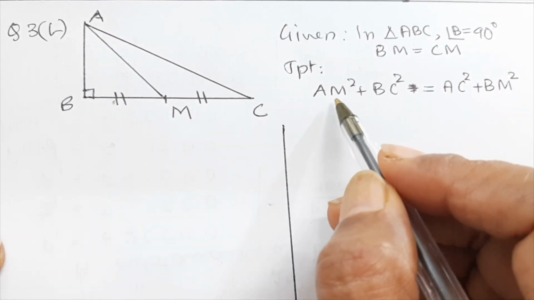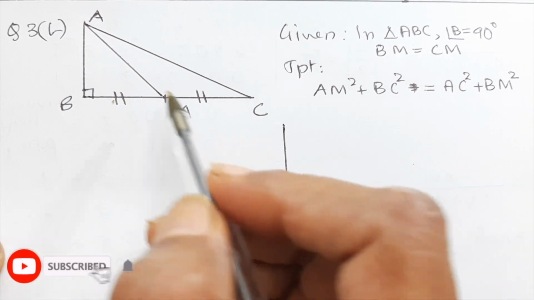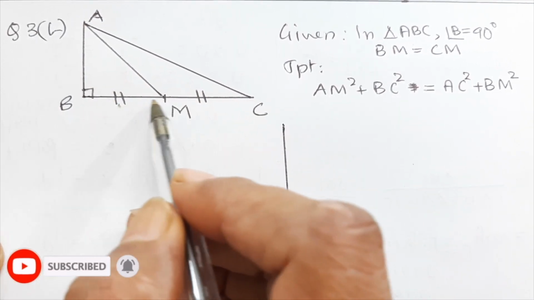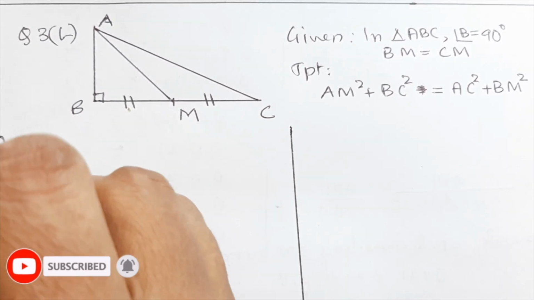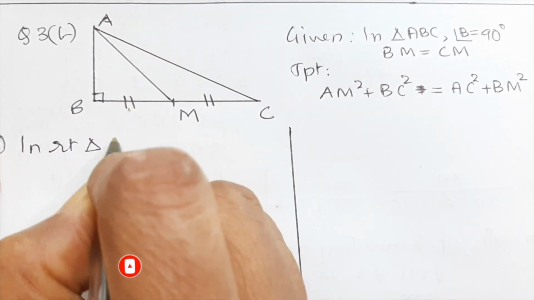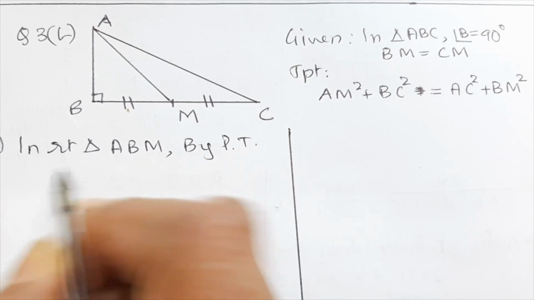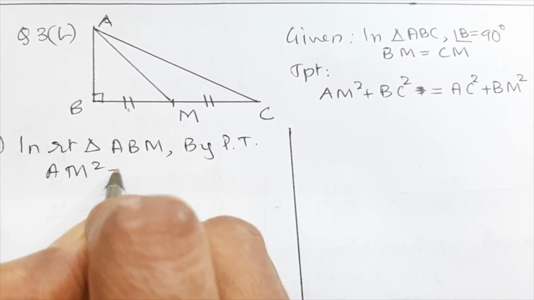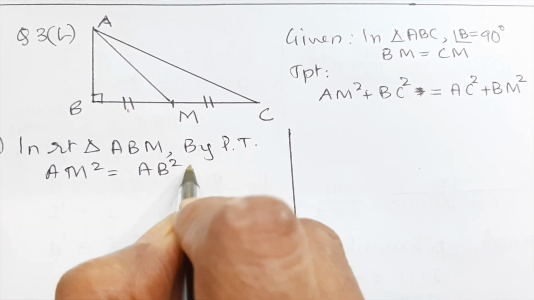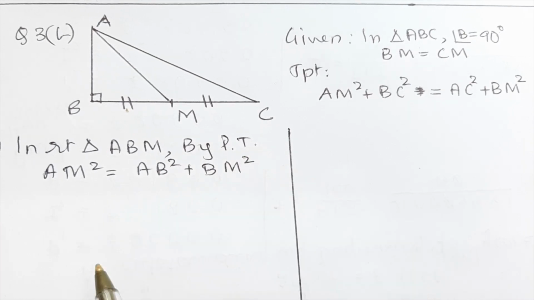Now we have to prove that AM square plus BC square. AM is the hypotenuse for this triangle. So we will say in right triangle ABM, by Pythagoras theorem, we will have AM square is equal to AB square plus BM square.